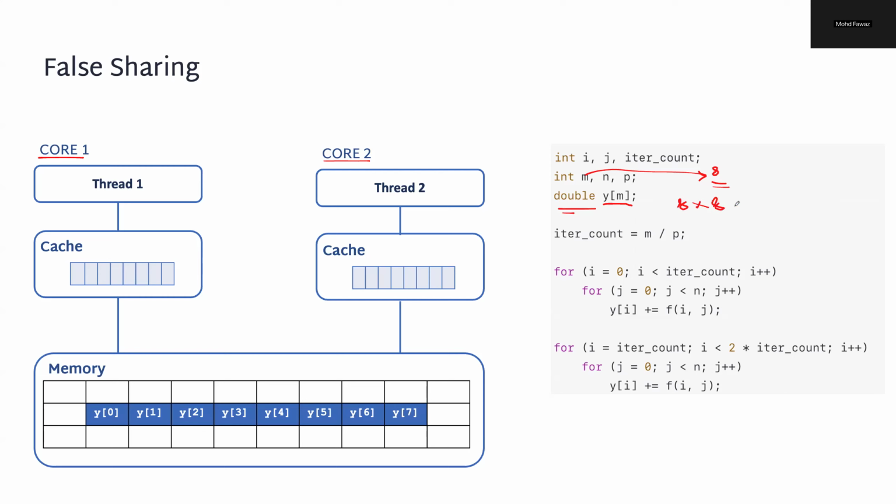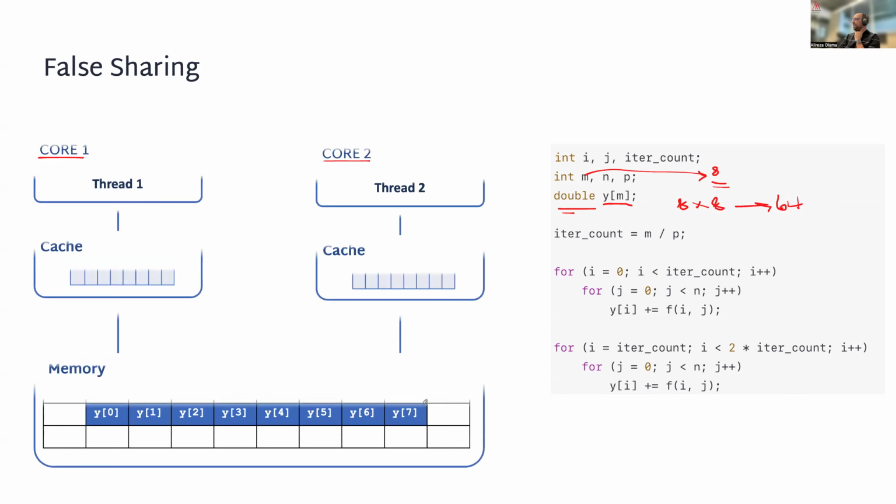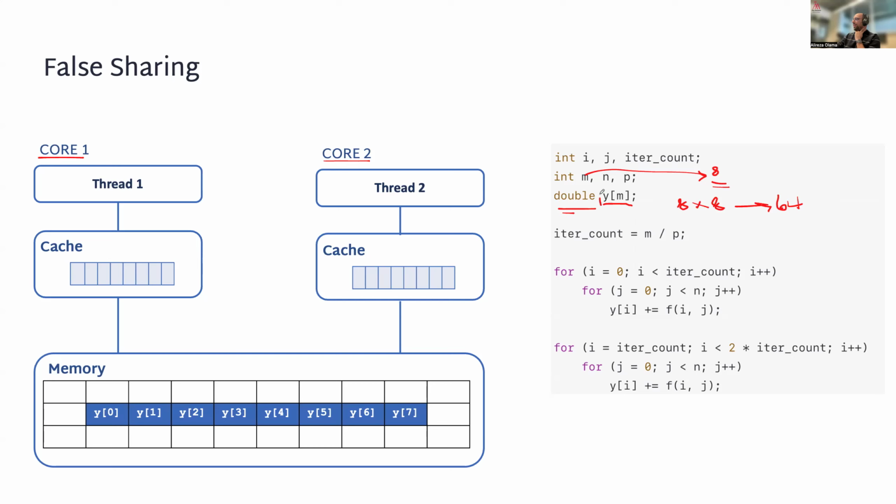So 8 bytes, which means we have 64 bytes, right? And this is important because our cache line size here is also 64 bytes, which means this array, which lives in the memory, completely fits our cache line, right?